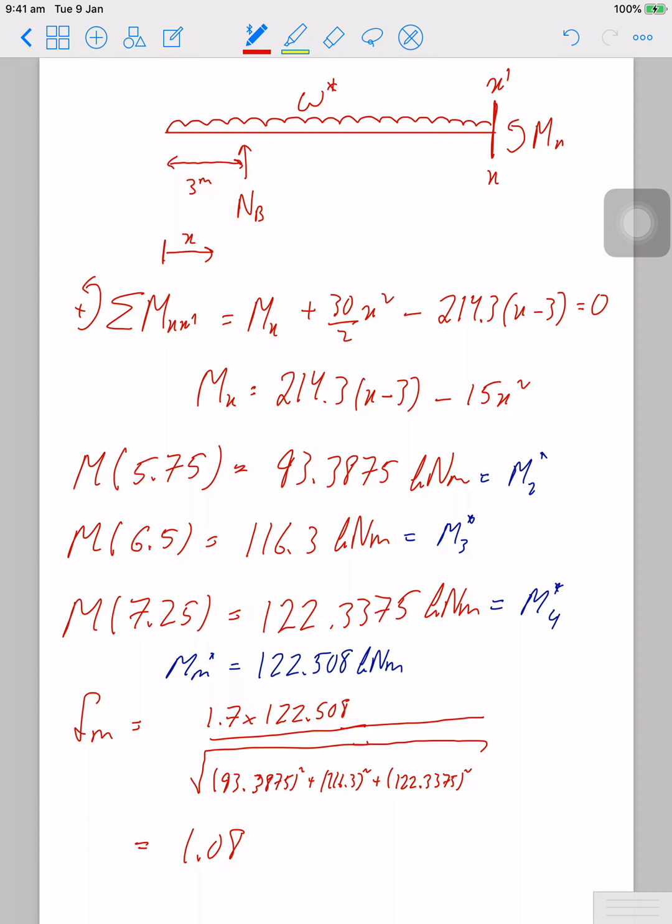Now we need to assume our alpha s. Alpha s of 0.75 and 0.8 are good assumptions when you have a steel grade of 350.